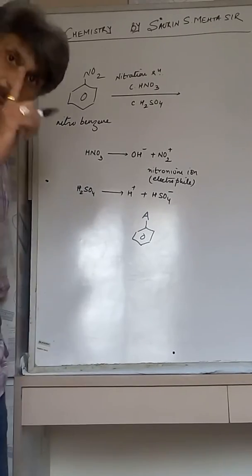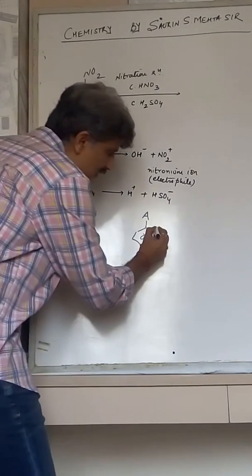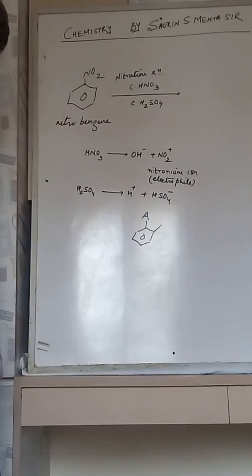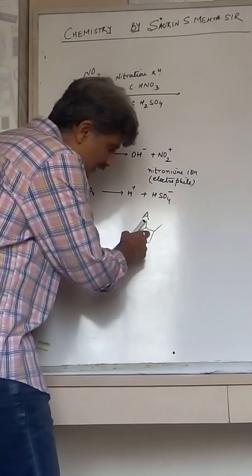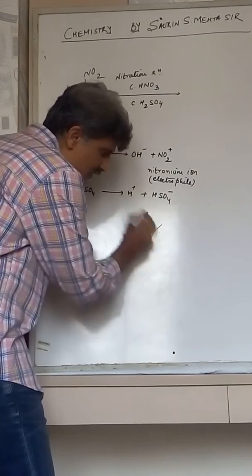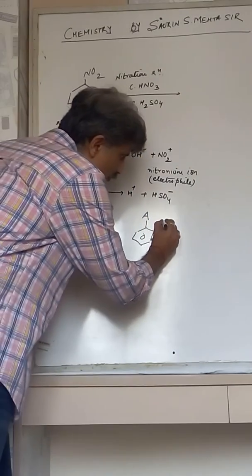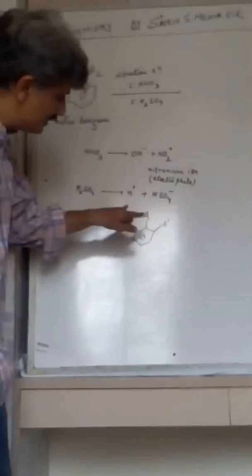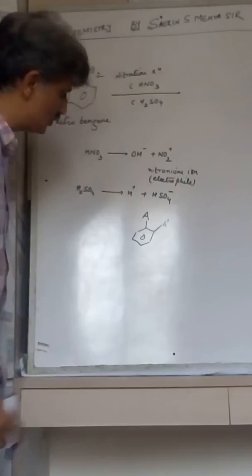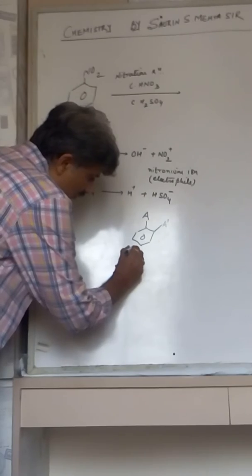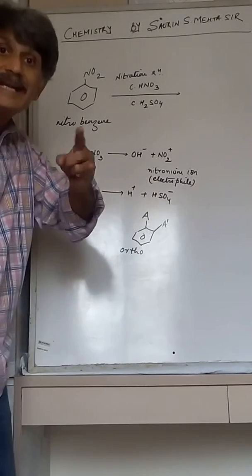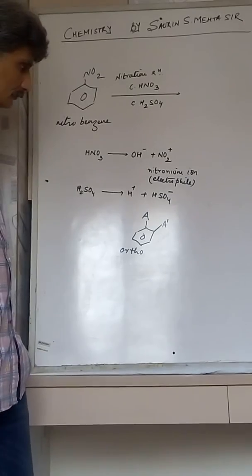One, if it directs the incoming group on the adjacent carbon atom. Let us say the adjacent carbon atom with respect to this is this, and so the incoming group, let us say, is A dash. Then these positions adjacent to each other are termed as ortho.